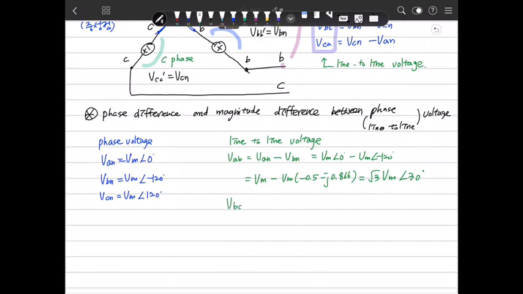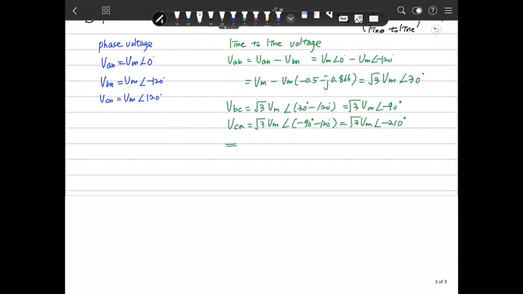The same reason, VBC is square root 3 VM at 30 degree minus 120 degree here, and VCA as well, so we got it.